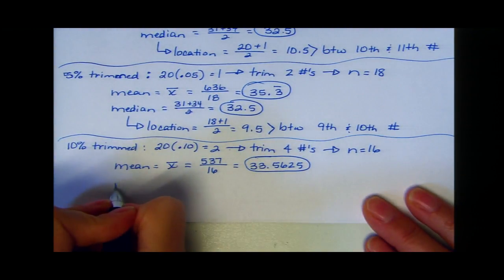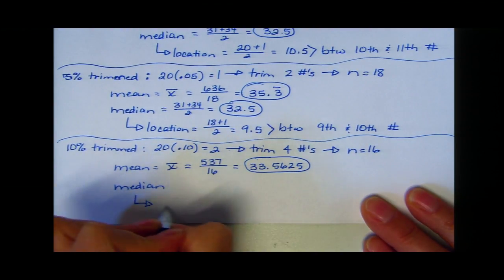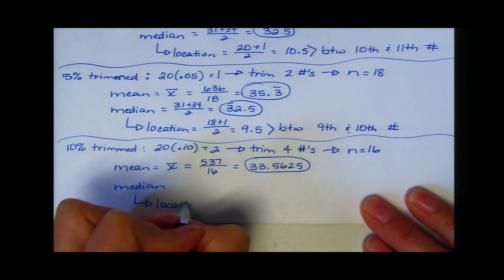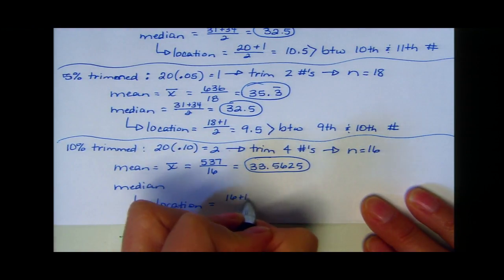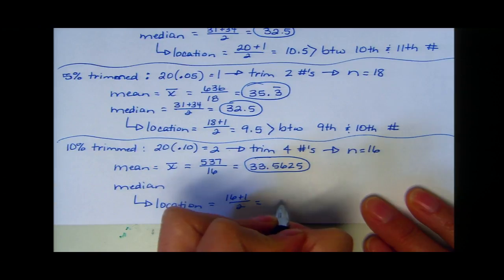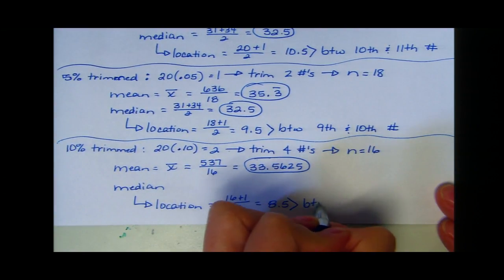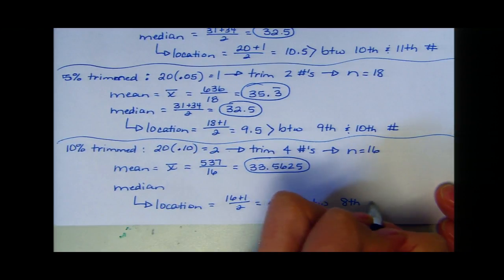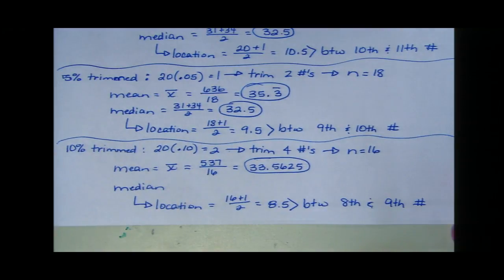And then the median, its location, will be 16 plus 1 divided by 2, which is 8.5, which tells me it is between the 8th and 9th number.